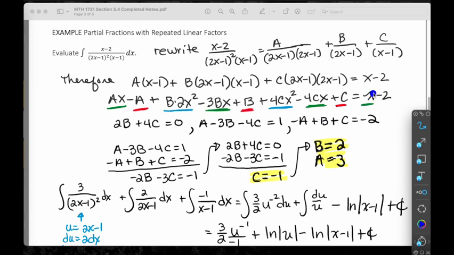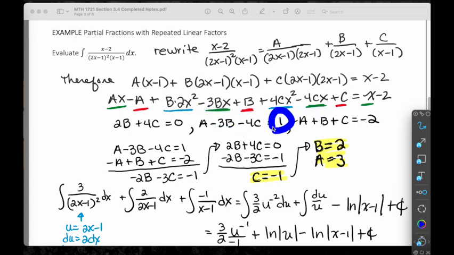Now let's look at our x terms, which is the green. So I have an ax here, a minus 3bx here, and a minus 4cx here. So I want all of those coefficients to add up to 1. So that gives me an a from this, a minus 3b from this, and a minus 4c.